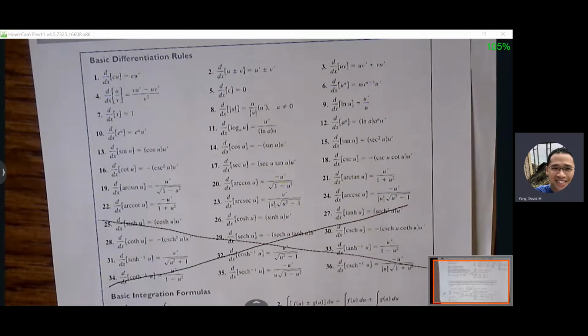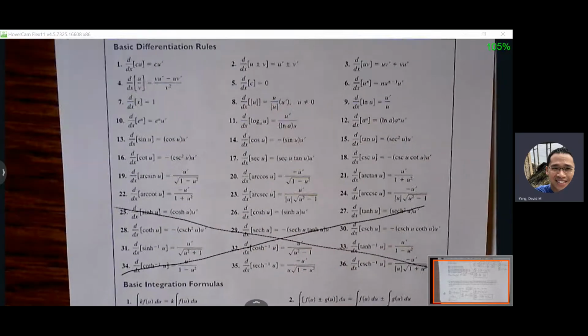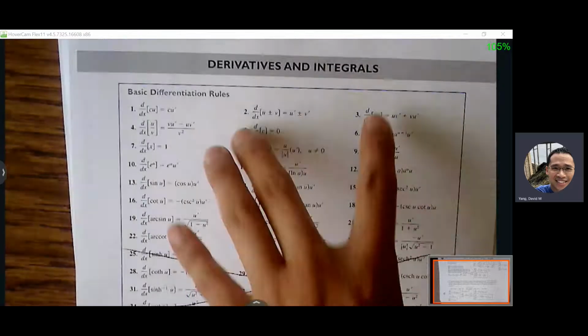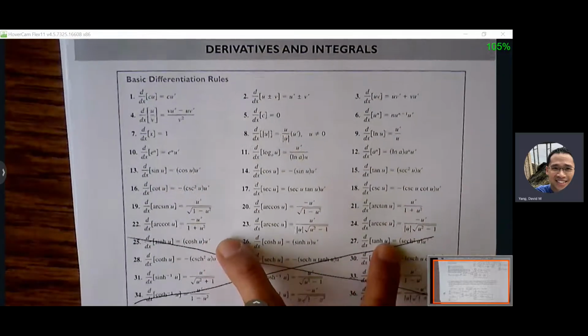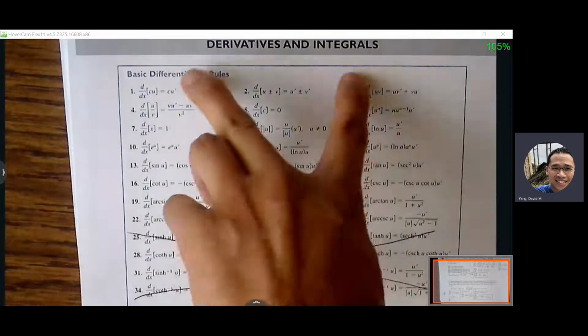On the last 2 pages of your packet, I have the multiple choice summary sheet, where I grouped together all the most common derivative and integral rules. So if you want to memorize just the bare minimum, look at the last 2 pages of your multiple choice packet. I think it'll be good if you at least look through that. But if you want the full derivative list and integral list, they're here.